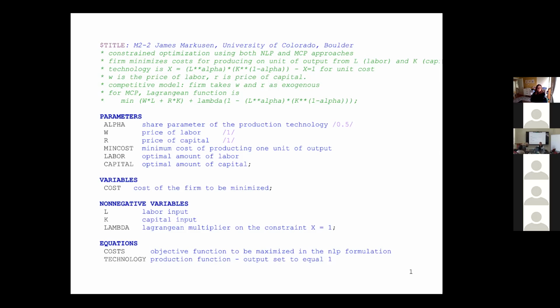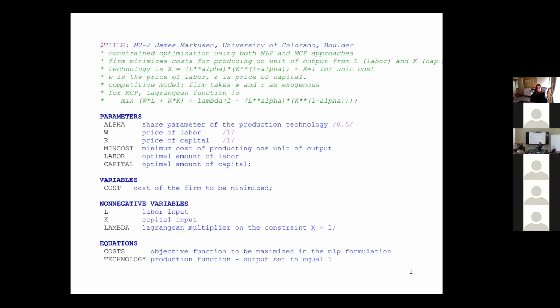And so if you were to give this problem to a first-year graduate student, the first thing they would do is probably write it down as a Lagrangian function. Everyone knows that terminology.